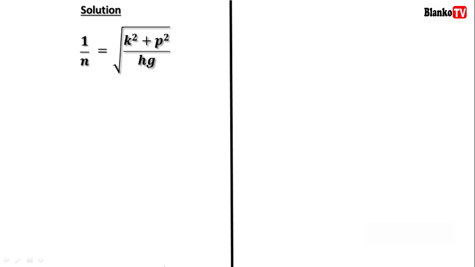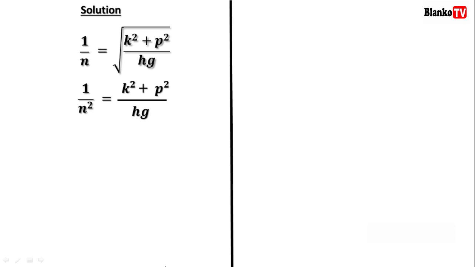When we square the left hand side and the right hand side, we are going to get 1 over n square equals k square plus p square over hg. So now the square root has been removed.